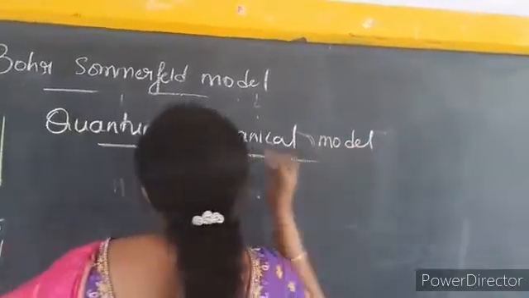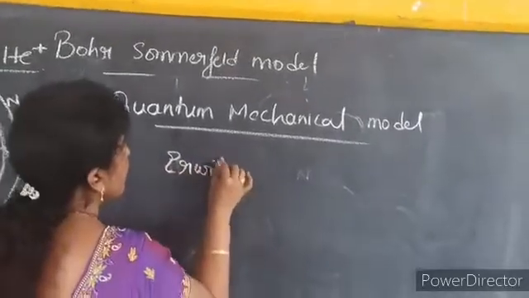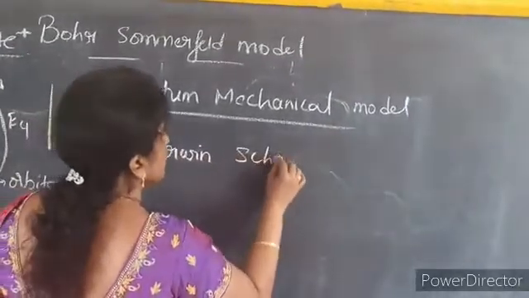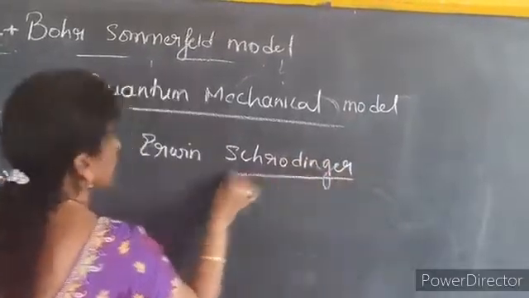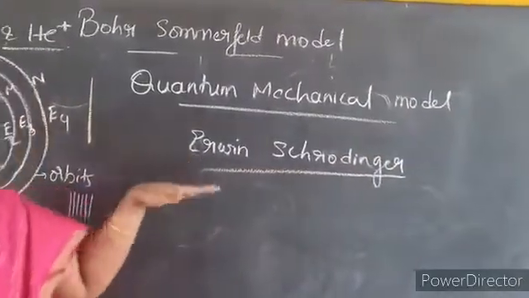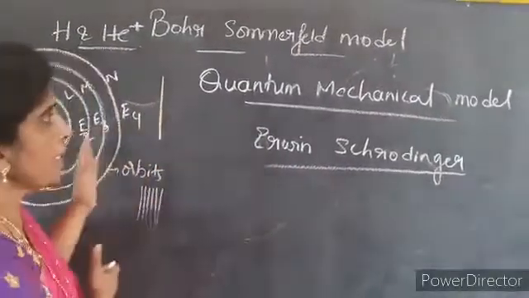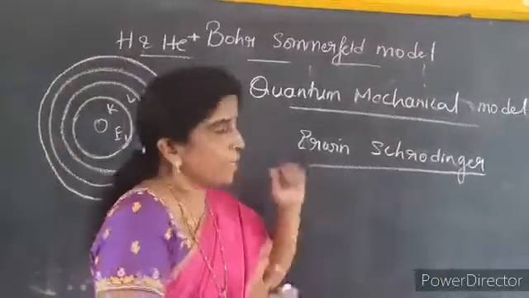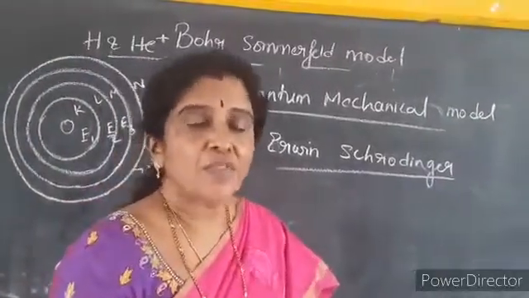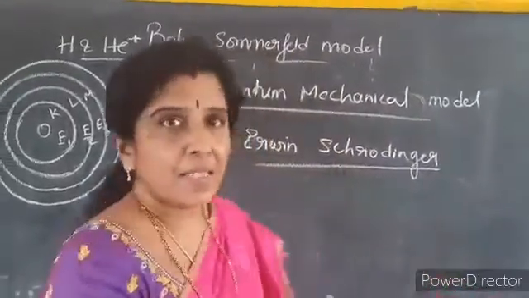So this model is proposed by Erwin Schrödinger. This model is a modification of Bohr's model. He retained most of the postulates of the Bohr and modified a few salient features of the atom. So according to Bohr, what did we see?